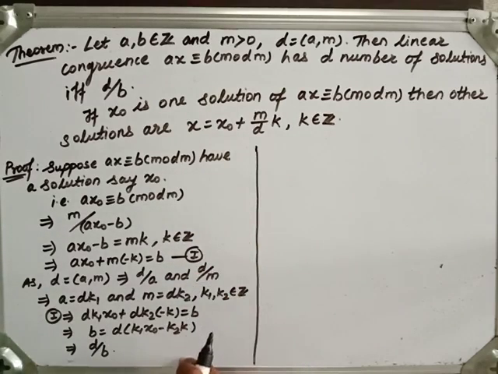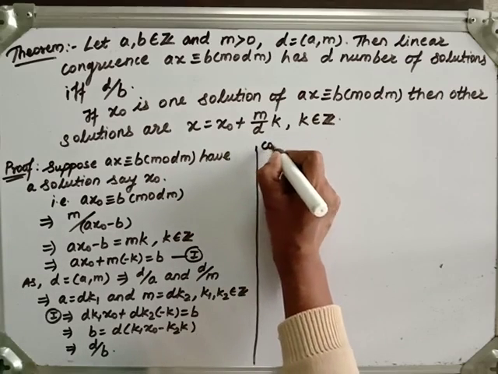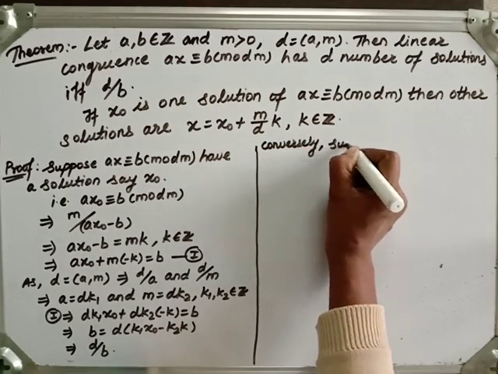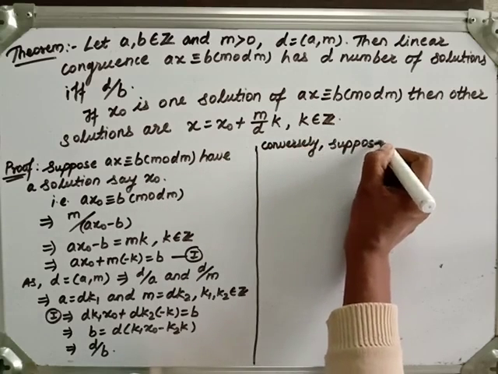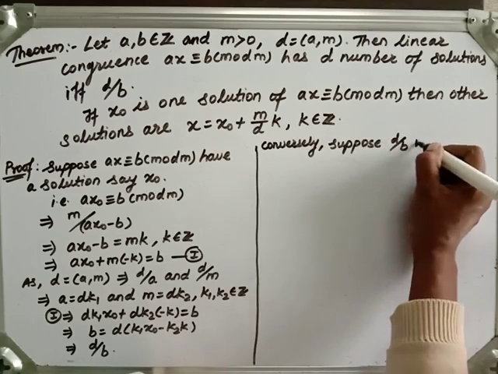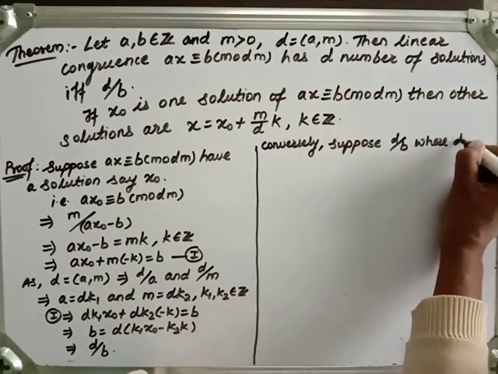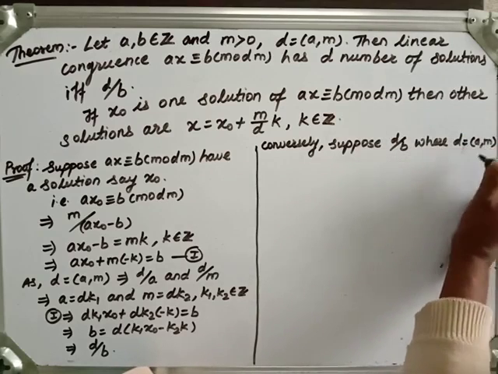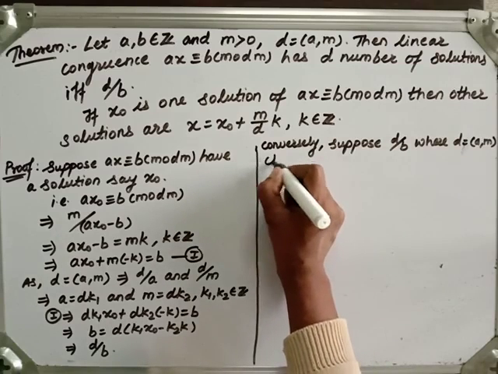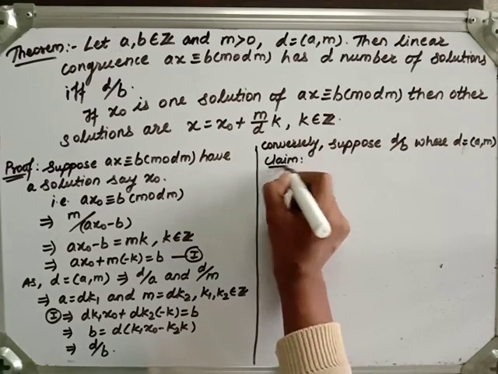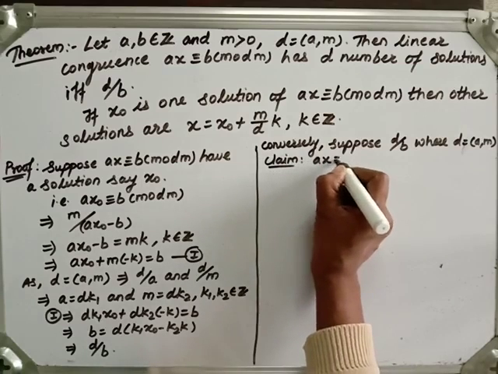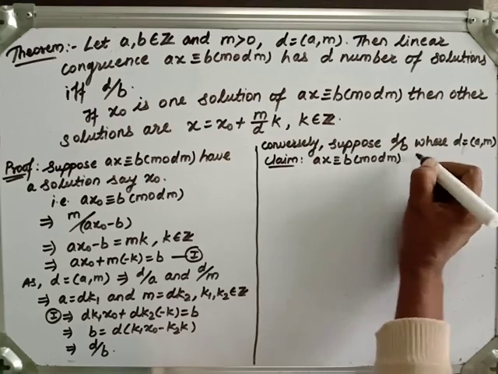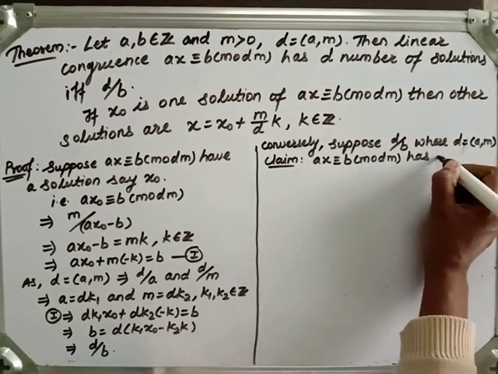Fine. Now this is the forward part. Now conversely, suppose D divides B, where D is the GCD of A and M. Now our claim here is that Ax congruent to B modulo M has a solution.